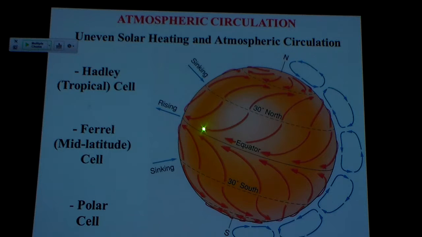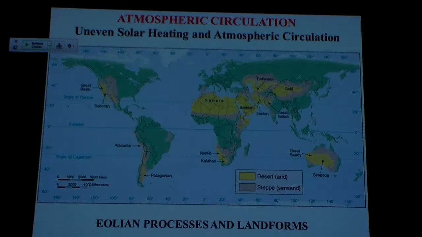Here it's moving in this direction. Again, clockwise in the northern hemisphere. Southern hemisphere, just the opposite. So this Coriolis effect is overprinting the north-south movement of the air, giving it more of an east or west to east motion. So it's a little more complicated than it first appears.